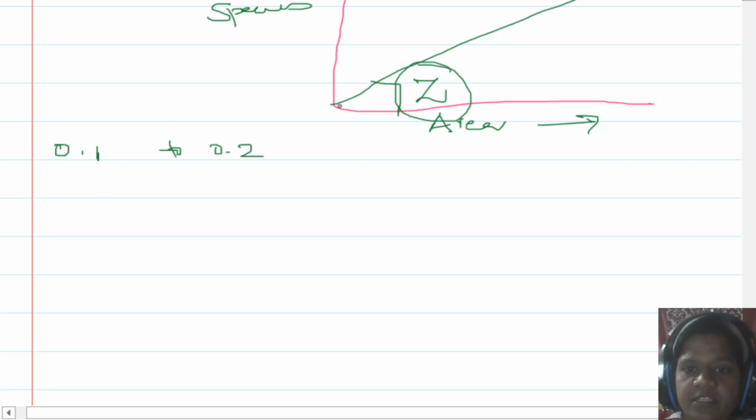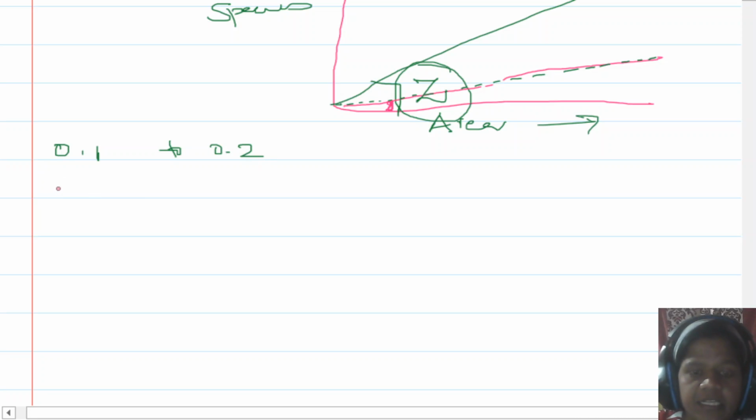Very small. That means it will be somewhere around here. It's very small, right? Even though we are looking at ecosystems in different geographical areas.